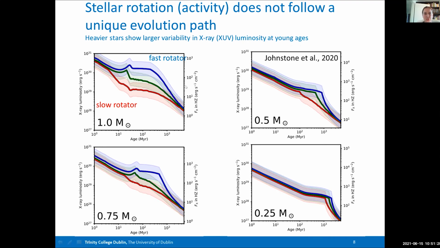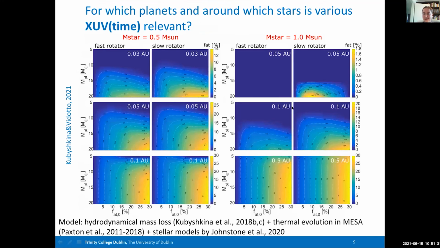However, to check how exactly relevant it can be for the final population of planets, we have modeled the evolution of a large bunch of planets orbiting different stars. And here I show the distributions of final atmospheric mass fractions after 10 gigayears of evolution for both planets: for a half solar mass star and the solar mass star, evolving as a fast or slow rotator.